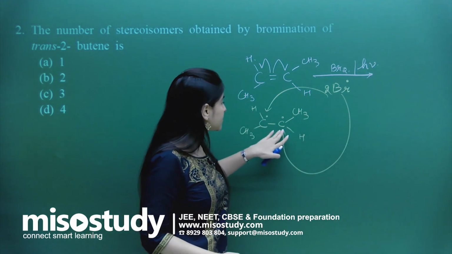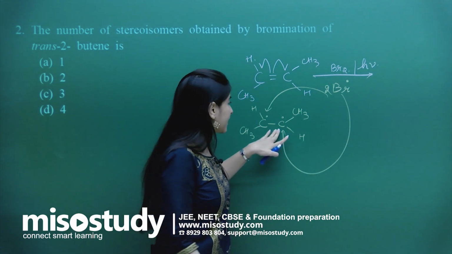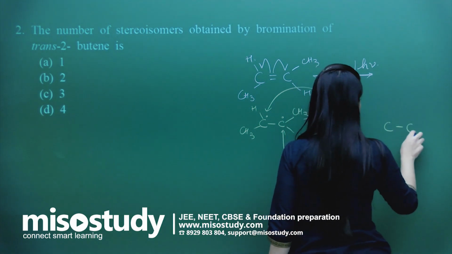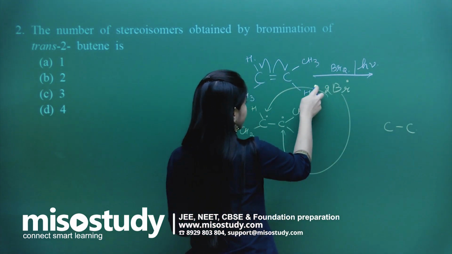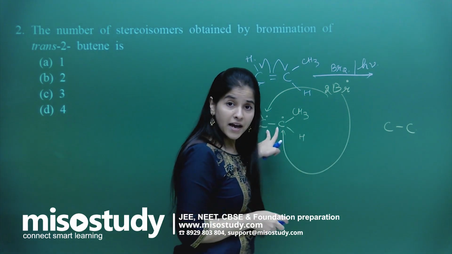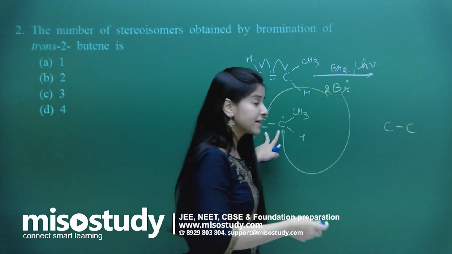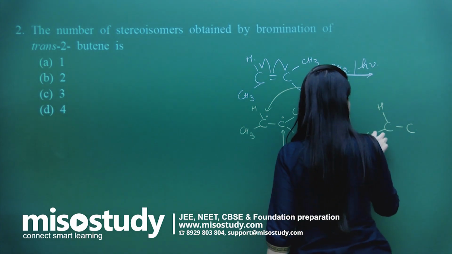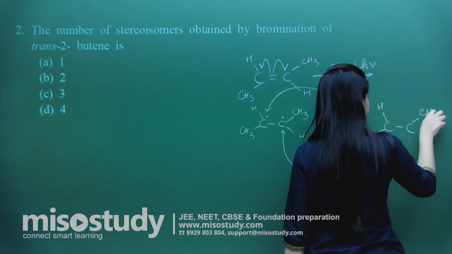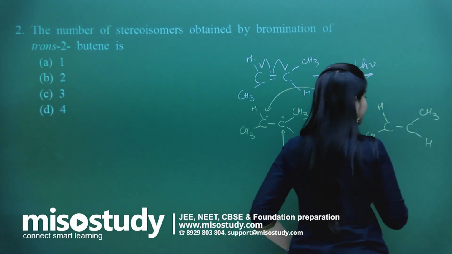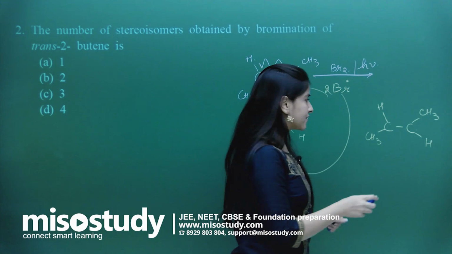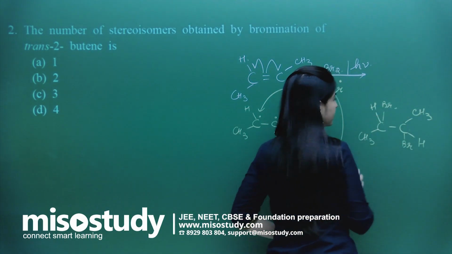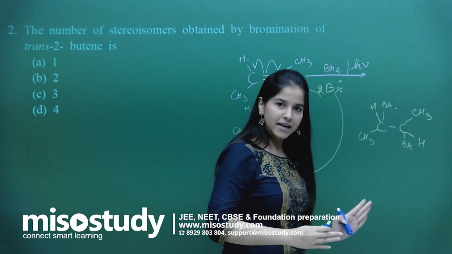If the bromine got attached here, I get something like this. And if the other bromine again comes onto this free radical, what do I get? A dibromo product we get. And as per the stereochemistry, it would definitely be this stereochemistry. That means it must be an anti-product.